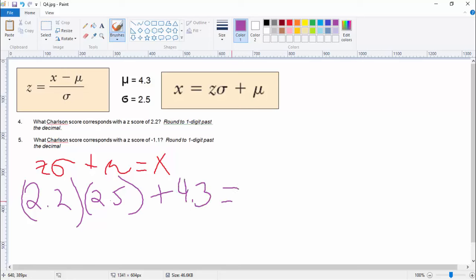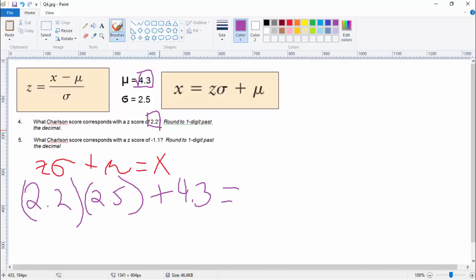Now, before we get there, I just want to point out the mu here is 4.3, right? And the z-score is 2.2, and that happens to be positive in this question. So we're going to expect an answer that's above the mu, because stuff that's above the mu is a positive z-score.